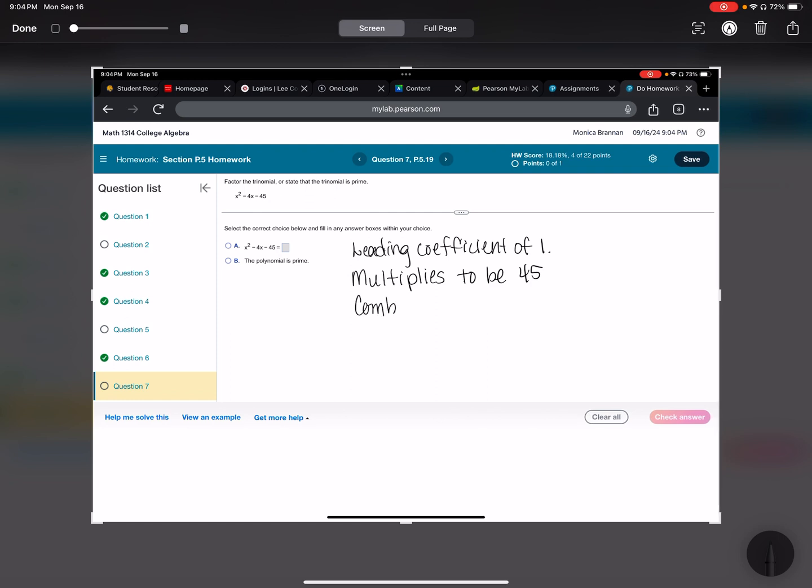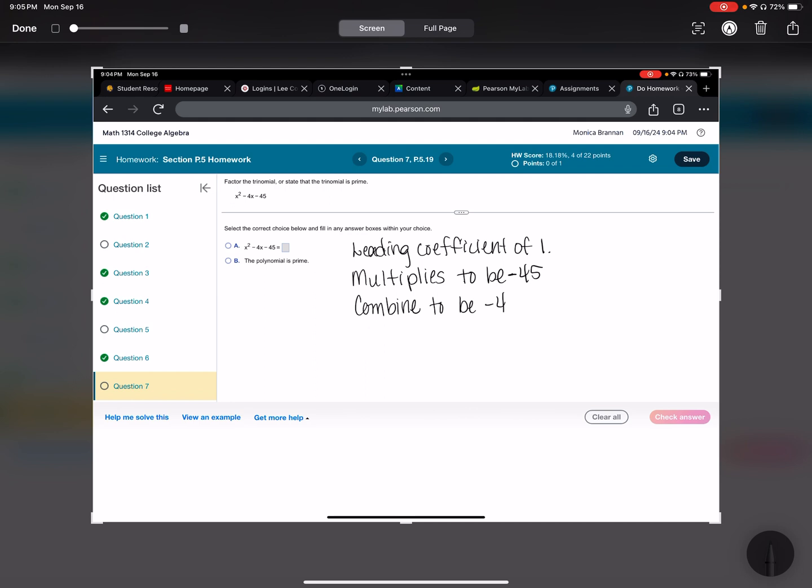And guys, that's why I use the word combine, not add, not subtract. When I combine the two numbers that multiply to be 45, they need to combine to be -4. So it needs to multiply to be -45 and combine to be a -4.